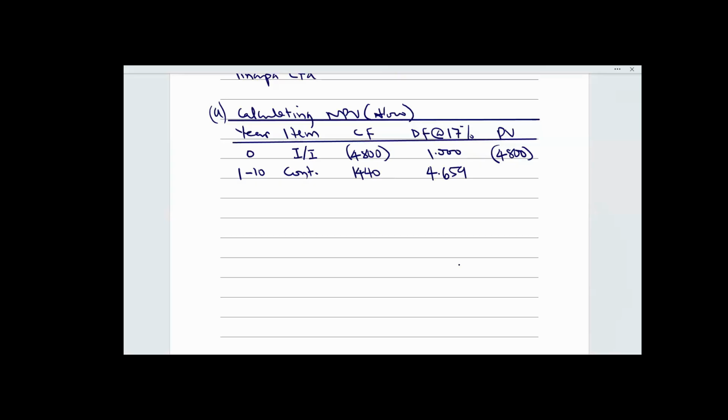Then in the question, we also have production cost, excluding depreciation, 360,000. So here is production cost, 360,000, year 1 to 10.